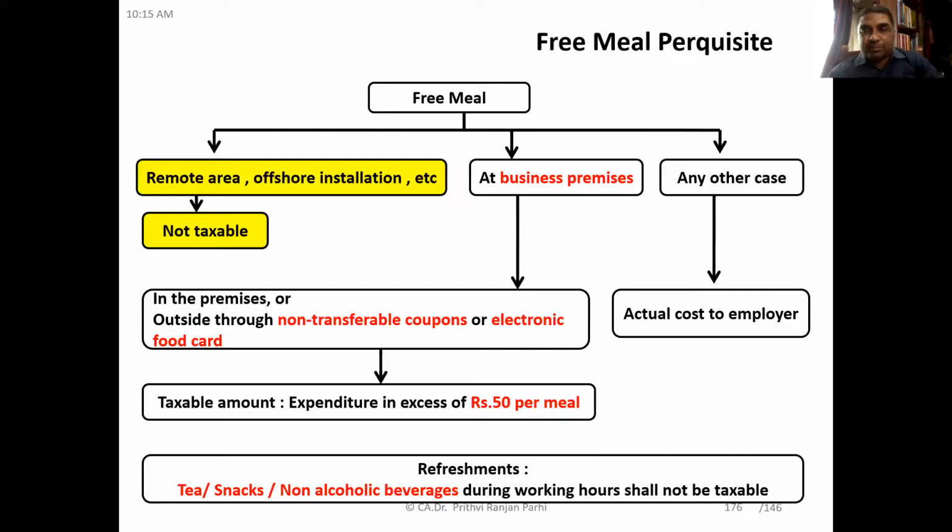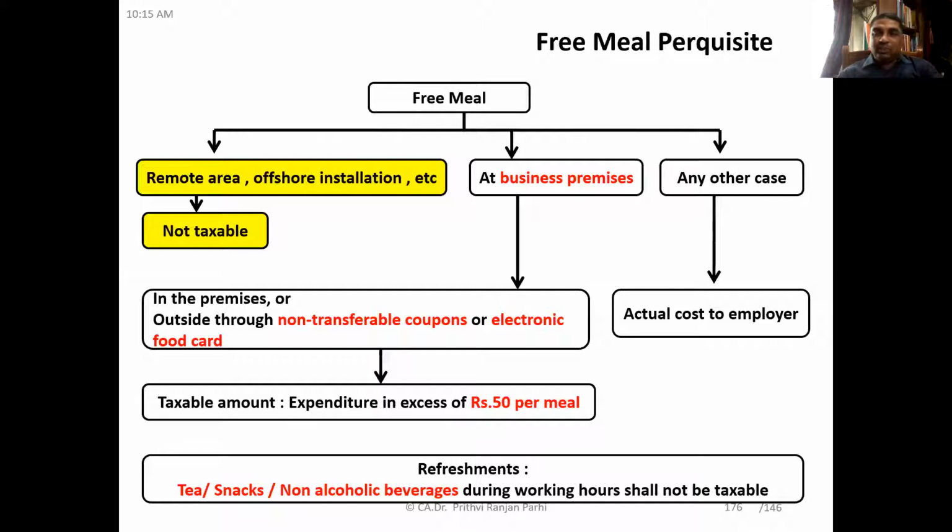Now let us move to the next type of perquisite. This is about, as you can see, free meal. Some employers provide free meals to their employees, free lunch you can say. How this free meal will be valued, we are going to learn.